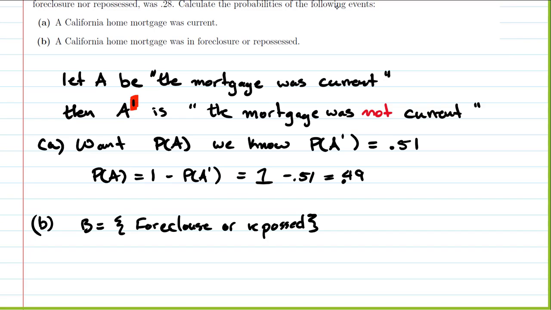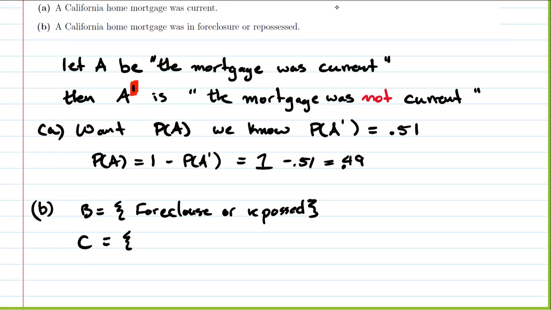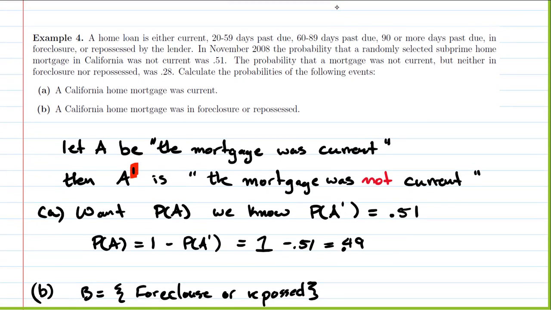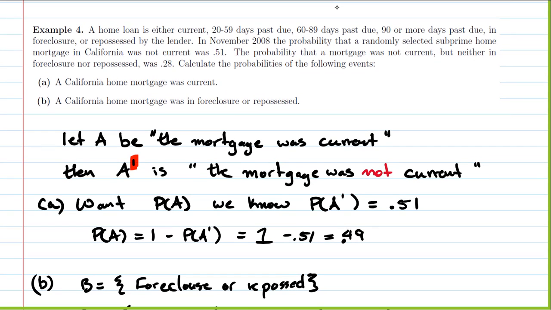And then let another event, C, be, well, we don't want current, so 20 to 59 past due, 60 to 89, more than 90.